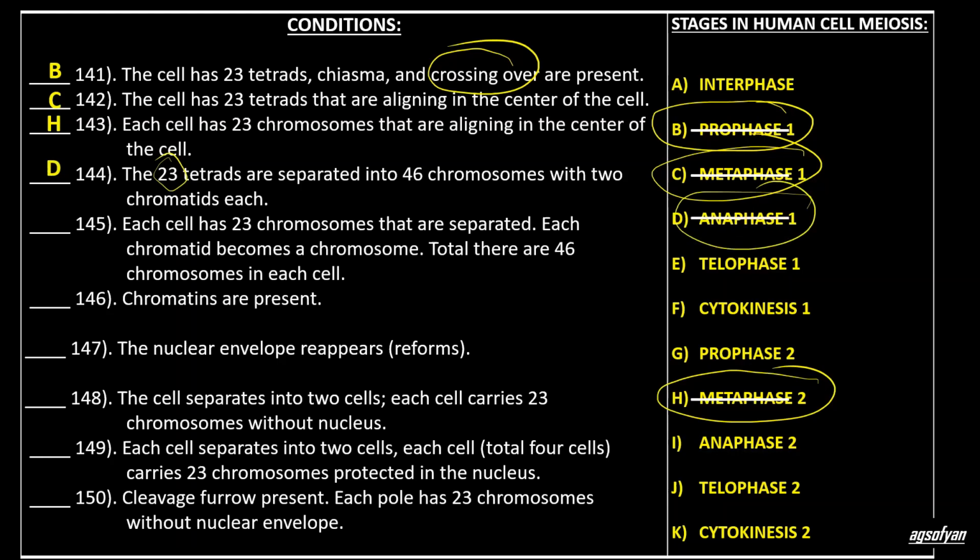Each cell has 23 chromosomes that are separated. Its chromatids become a chromosome. Total, there are 46 chromosomes in each cell. So this is chromosome, okay, not chromatid, not tetrads anymore. So there will be anaphase 2. Okay? So the chromosome is separated. Anaphase 2.